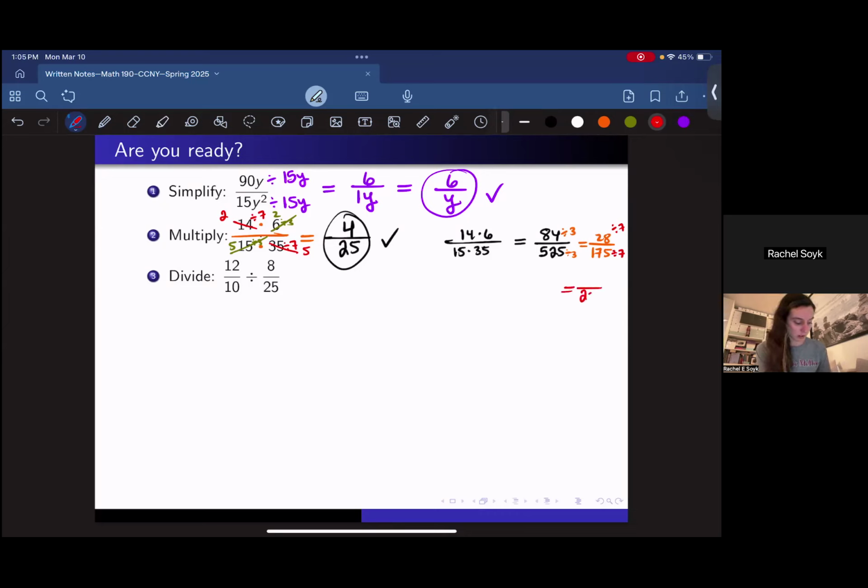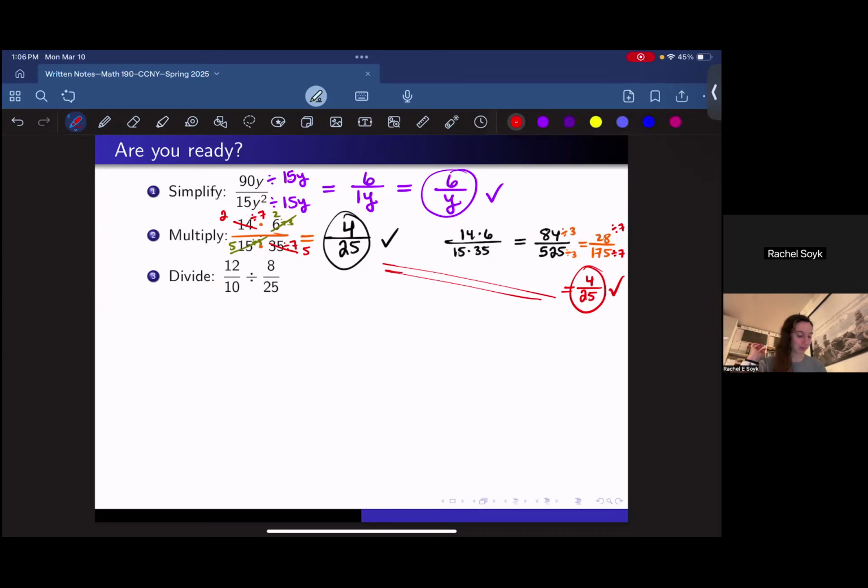And 7 goes into 28 4 times. And you'll notice you'll get the same result, but a lot more tedious. So use your number sense, look for patterns, and things will be a lot more straightforward, both in math and in life. Okay, our third warm-up example, we have divide these two fractions.